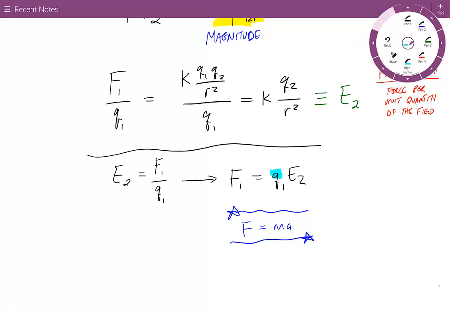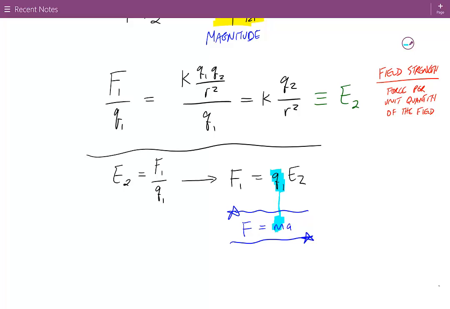So charge and mass, how those correspond to one another, and really the way to understand that would be to think about the fact that I have an electric field strength and I have a gravitational field strength.